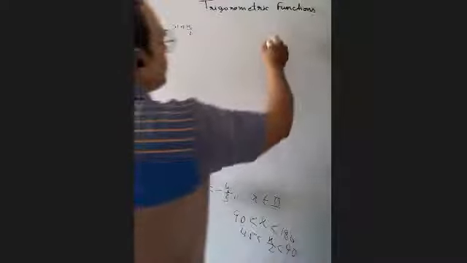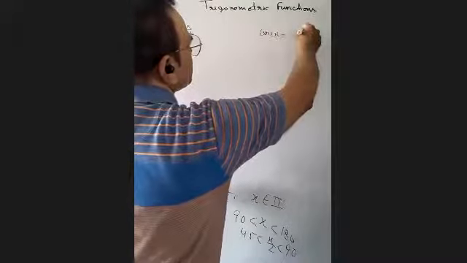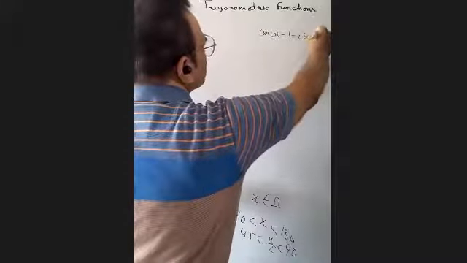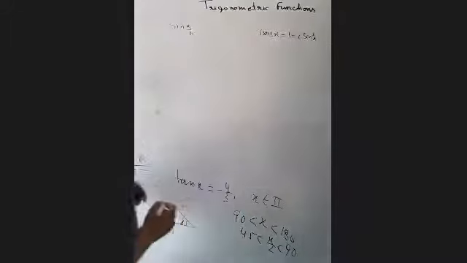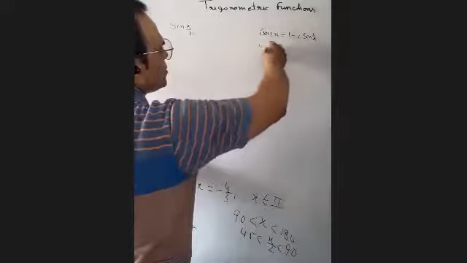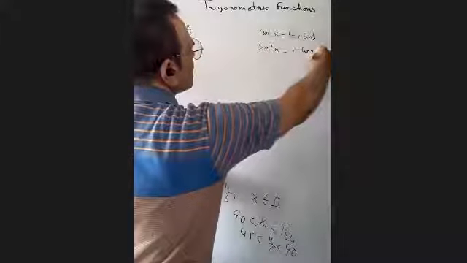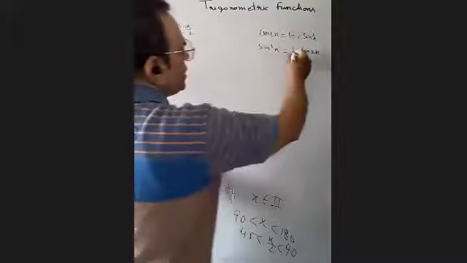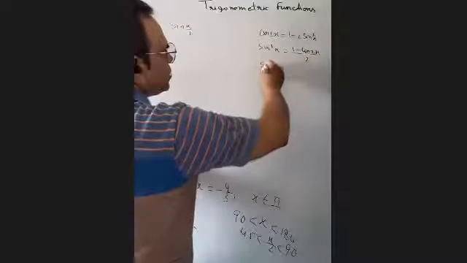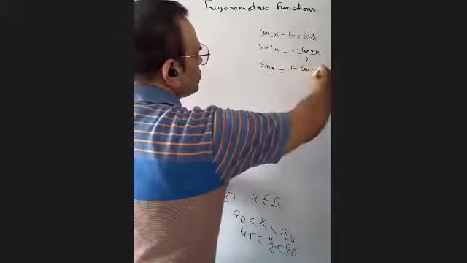We know the formula cos 2x is equal to 1 minus 2 sin square x. From this formula we get sin square x is equal to 1 minus cos 2x, divided by 2, like I have told you earlier also.